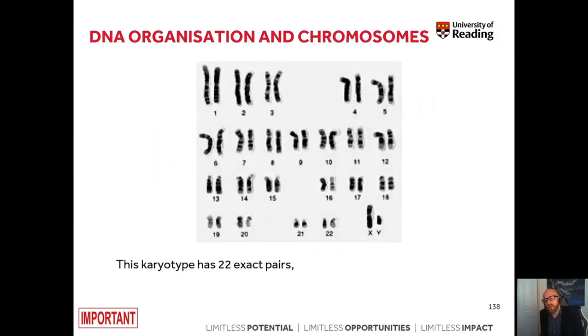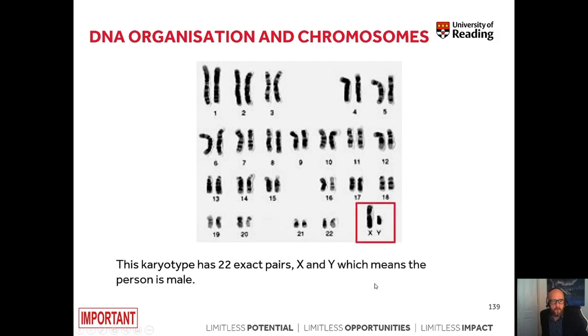In this karyogram, it's quite evident that we have 22 exact pairs of autosomes, and they do resemble each other fairly well. And we also have two sex chromosomes, namely X and Y. And this means that this person is male.